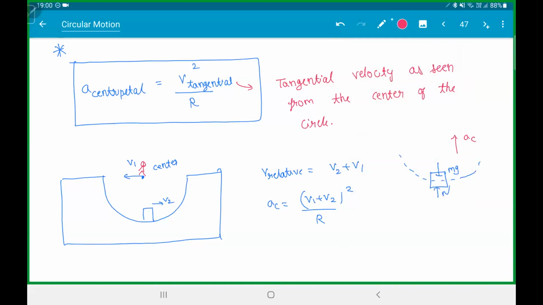You can take centrifugal force also. So the equation would be N minus mg is equal to m a_c. So normal reaction will be mg plus m into (v1 plus v2) whole square by r. There, that's your centripetal acceleration.